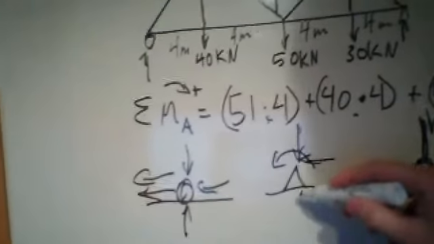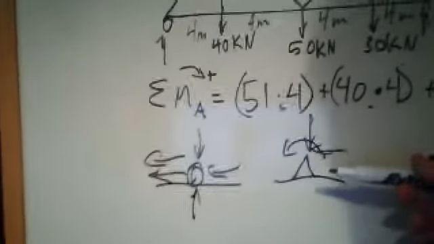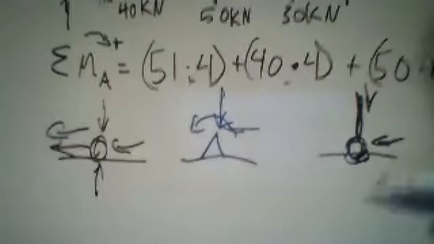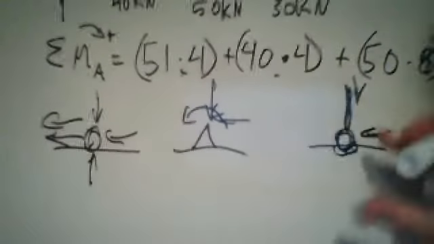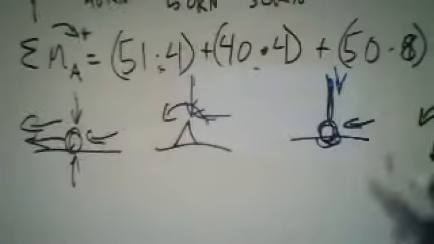A fixed support will resist normal force, shear, and moment. Then I have a ball and socket joint. It'll resist a normal force and a shear force, but it won't resist a moment, like your shoulder. You can torque it around a little bit.